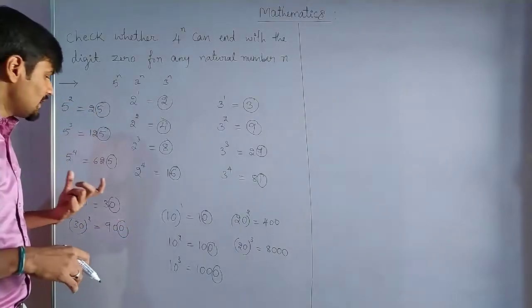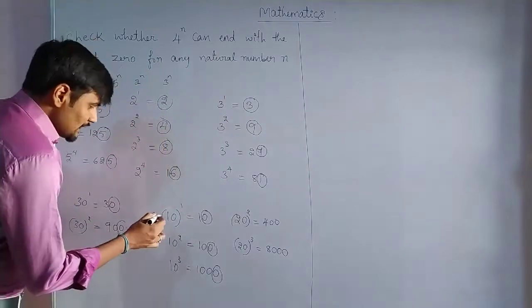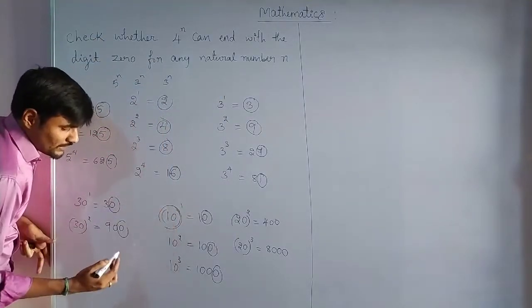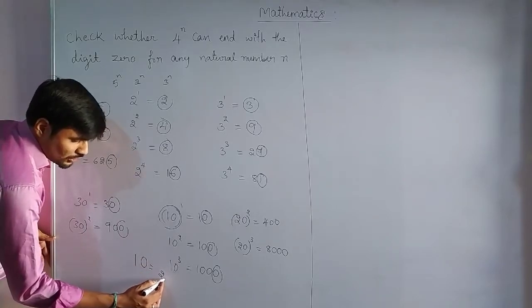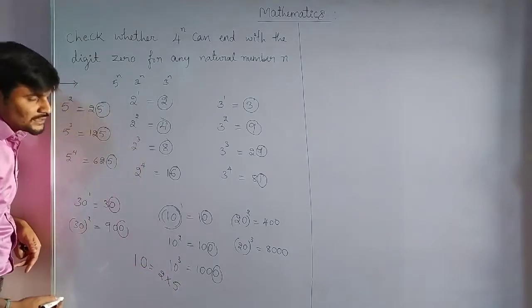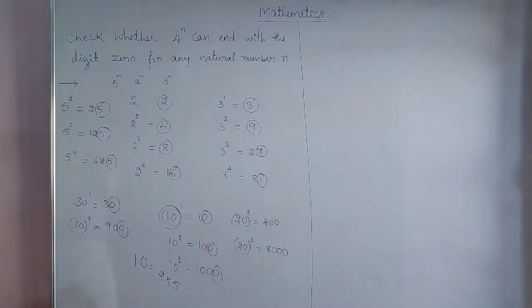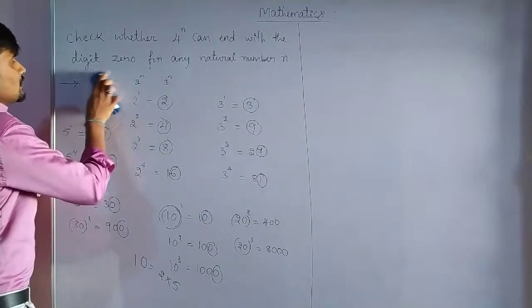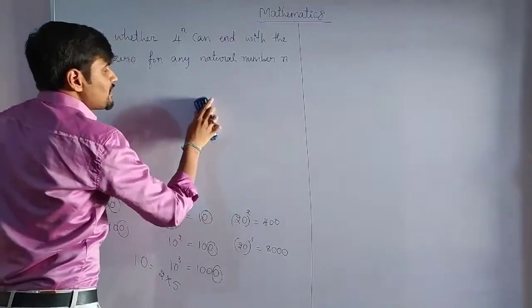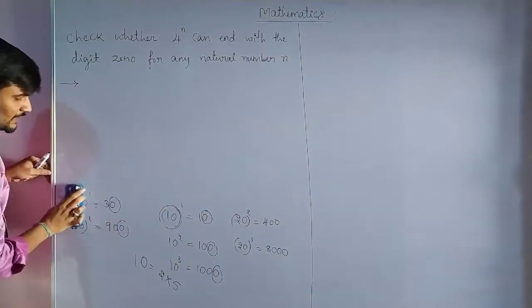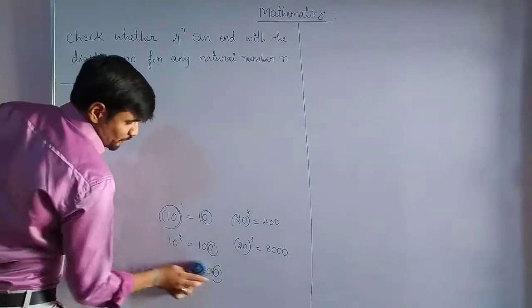Now we come to know that the smallest two-digit number, I will take it as 10, has the prime factorization 2 into 5. Observe the factors of 10: it contains 2 and 5.